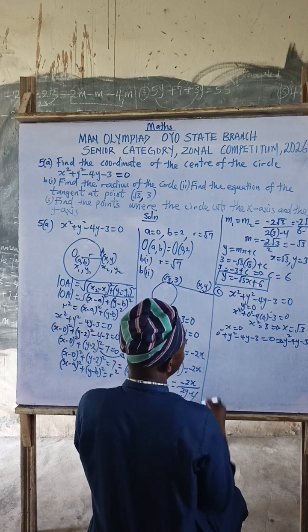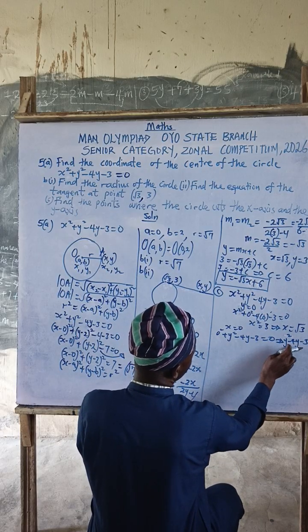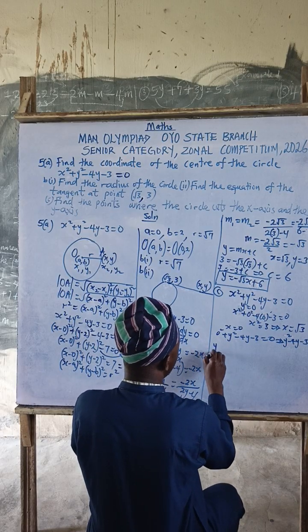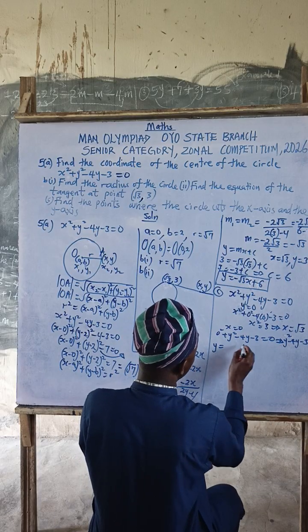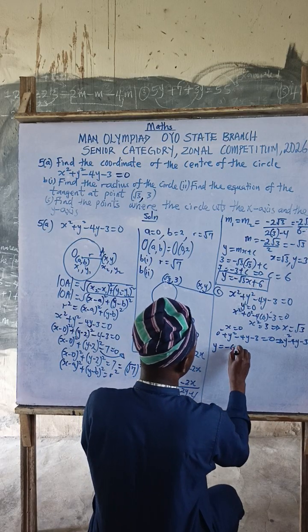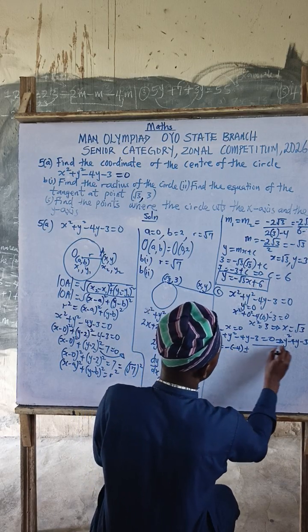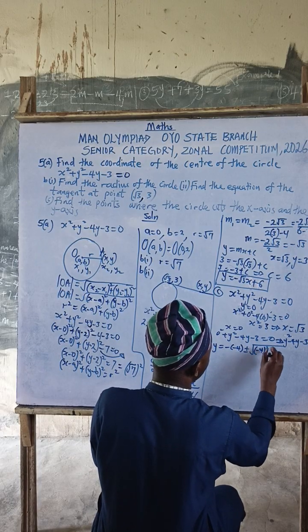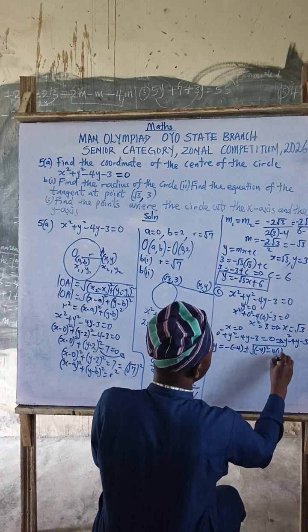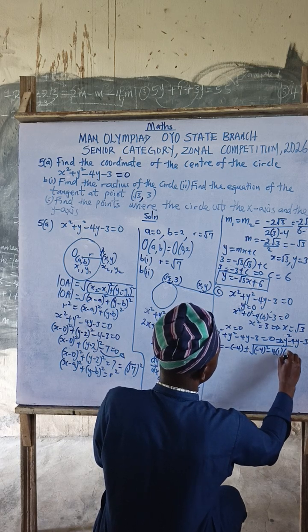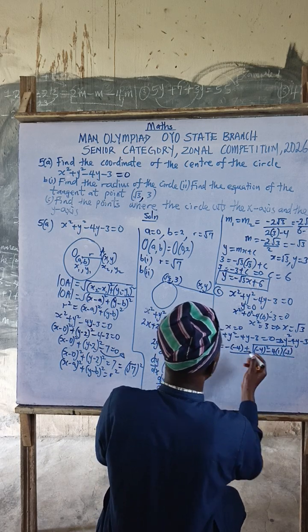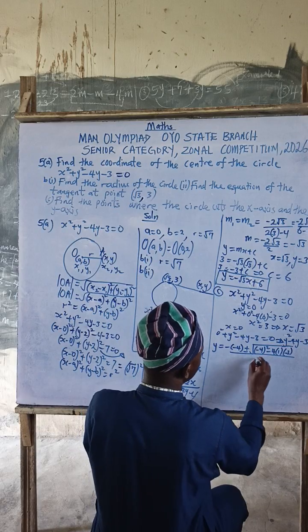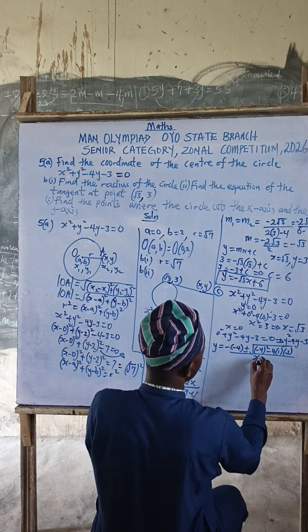It implies that we are going to solve for y using the quadratic formula. y equals minus b, which is minus minus 4, plus or minus the square root of b squared minus 4ac, that is minus 4 squared minus 4 times 1 times minus 3, divided by 2a, that will be 2 times 1.